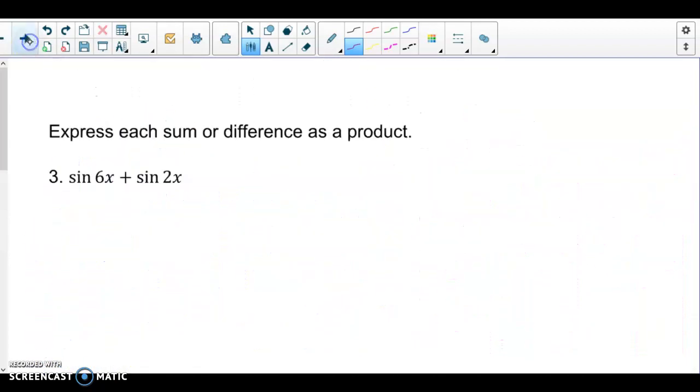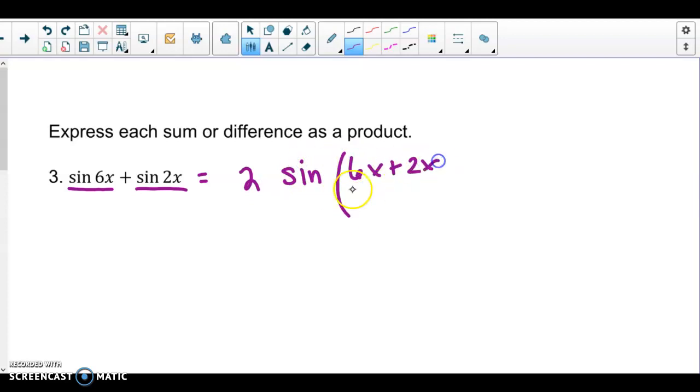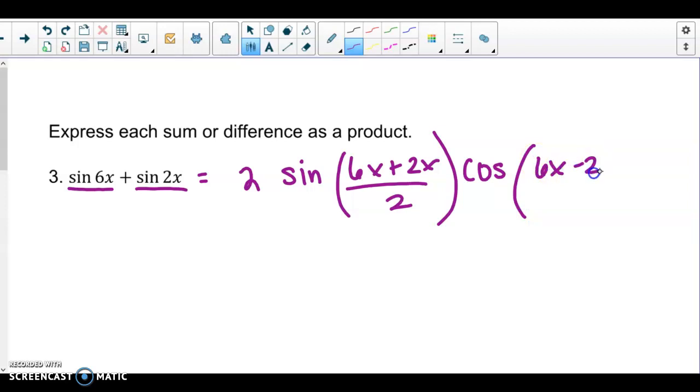Now, let's go the other way. Let's take a sum, or this one's a sum or difference, and turn it into a product. So this one is sine of an angle plus sine of an angle. So if I do sine plus sine, it's 2 sine of the angles being added together divided by 2 times cosine of the angles being subtracted divided by 2.